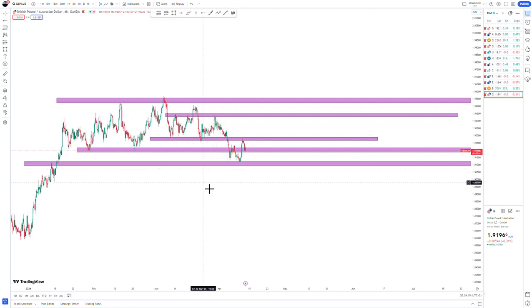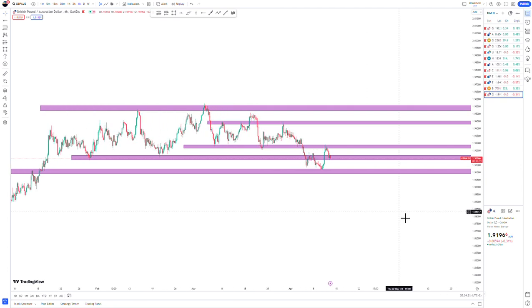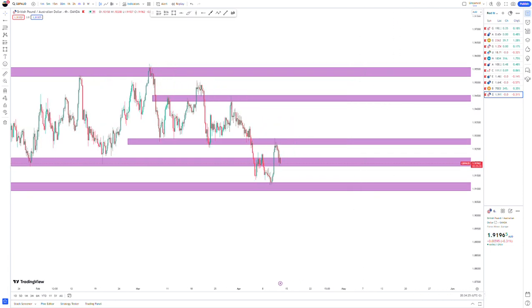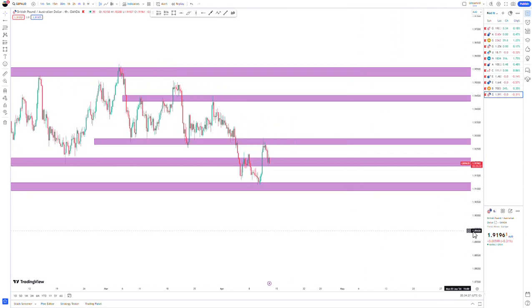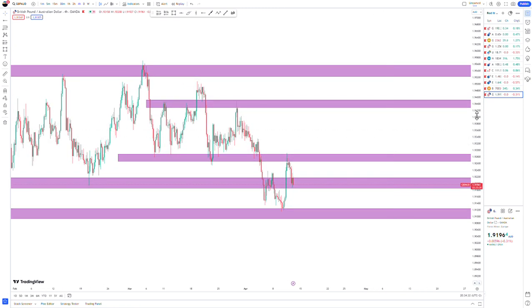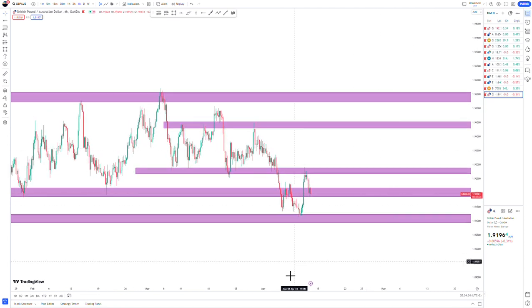So what is the structure that we are looking at currently? How is the market currently moving? Look at the overall structure and behavior, not current, overall.